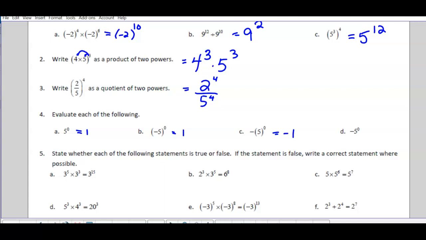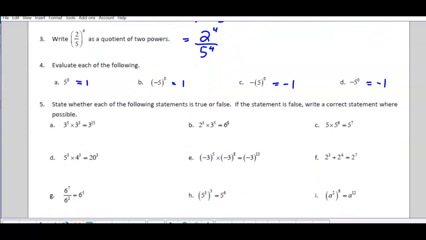And then here, negative 1. The brackets are around just the 5, not the negative. Here, there are no brackets, so that 0 only refers to the 5. If it referred to negative 5, there would be brackets. So that's why those ones become negative 1.